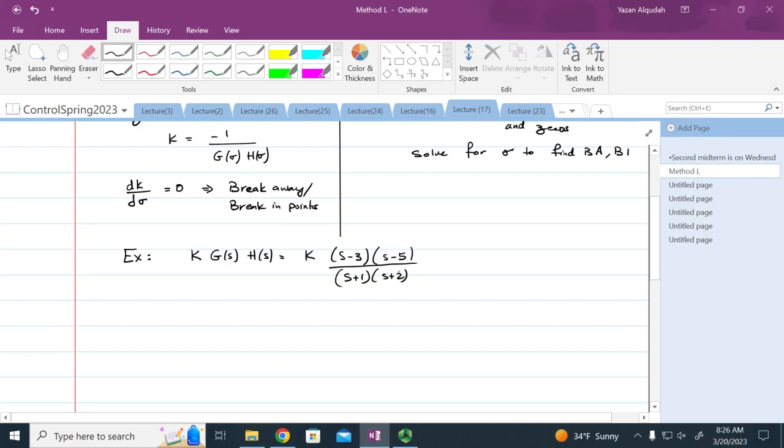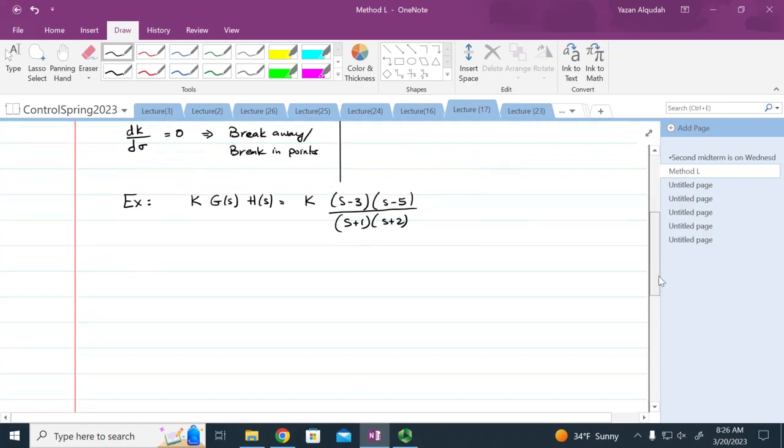This is the graph that we've done. Let's say it came from a transfer function g of s multiplied by h of s that is given by this equation, and we're going to find the breakaway and the break-in points. We're going to use both methods.